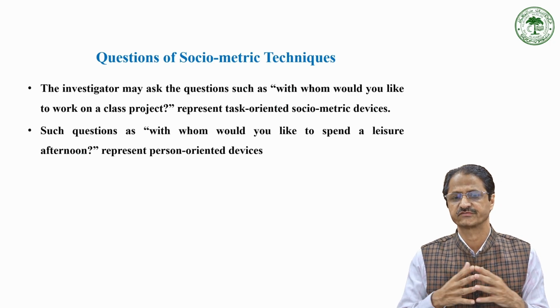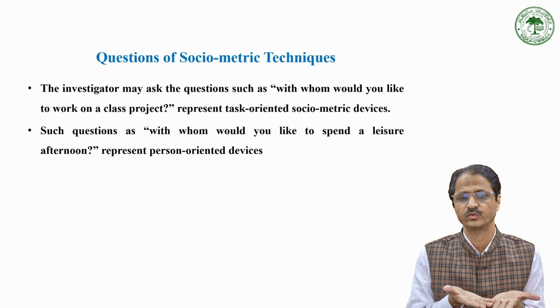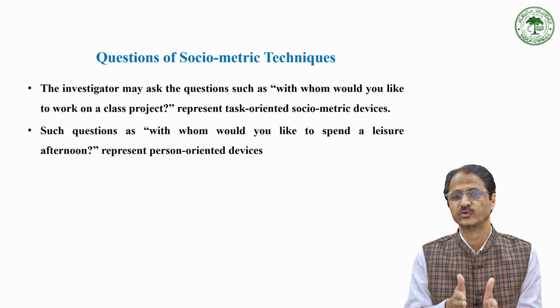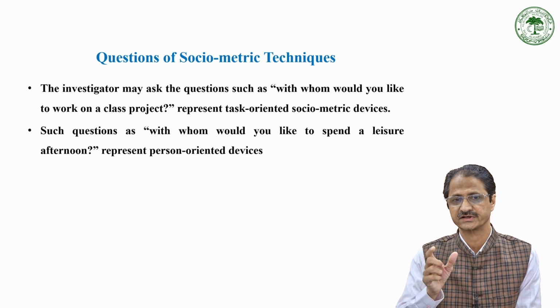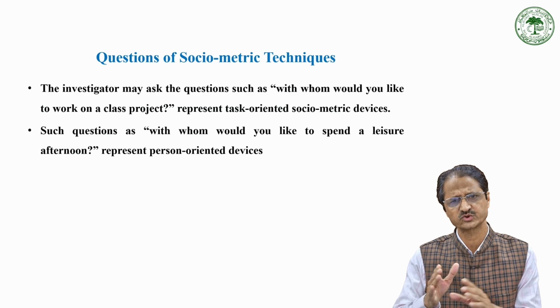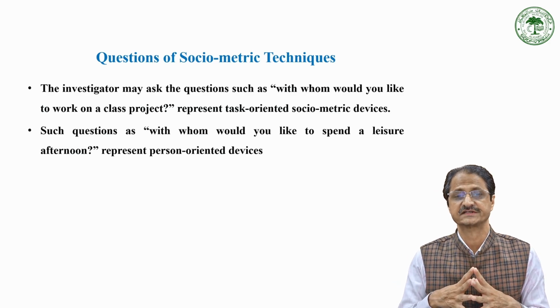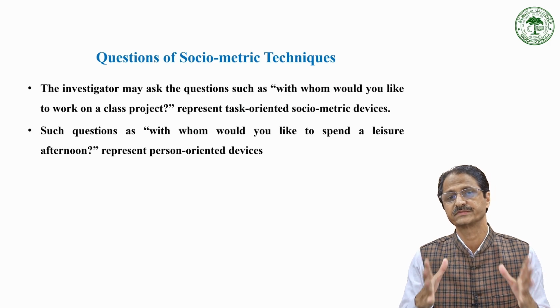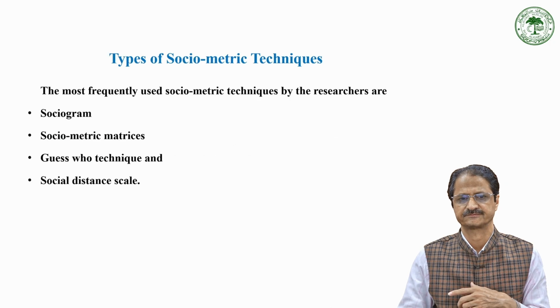Such questions as, with whom would you like to spend a leisure afternoon, represent a person-oriented device. So task-oriented, person-oriented, situation-oriented devices, and so many tasks can be selected and questions can be framed to put to the members of the classroom for seeking their responses.